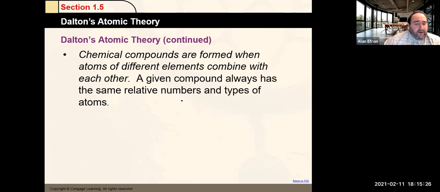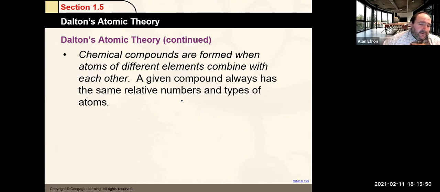Another important part of his theory was that when we have a chemical reaction or combine elements to form compounds, different elements come together. And again, they always come together, as we talked about a little bit earlier, in these simple ratios.